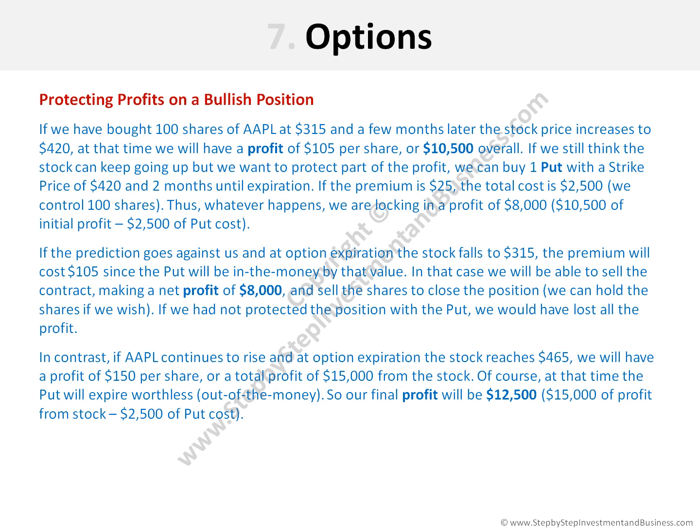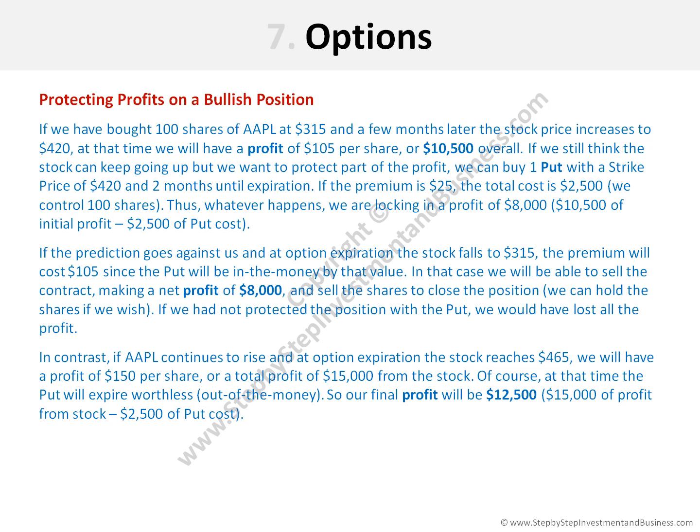That is, $10,500 of the initial profit minus $2,500 of the put cost. If the prediction goes against us, and at option expiration the stock falls to $315, the put will be worth $105 since it will be in the money by that value.